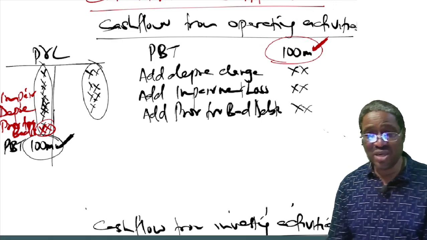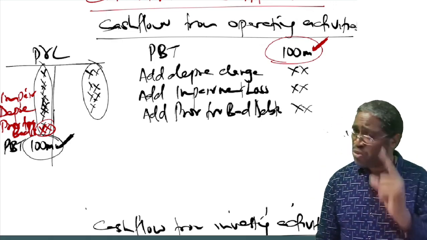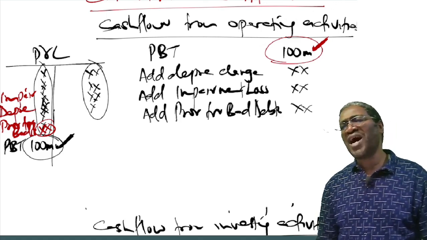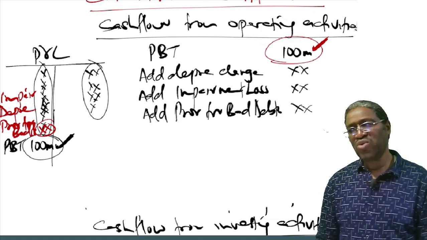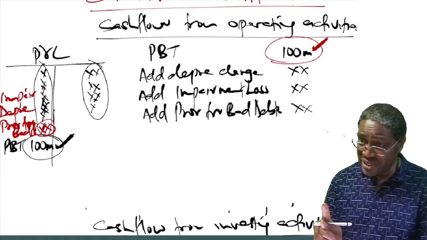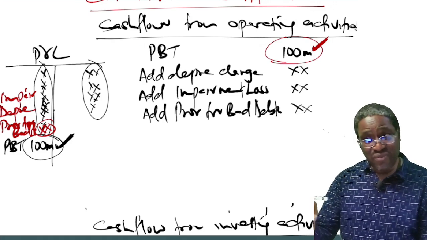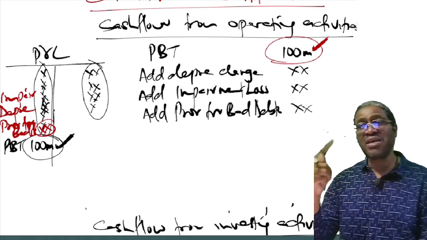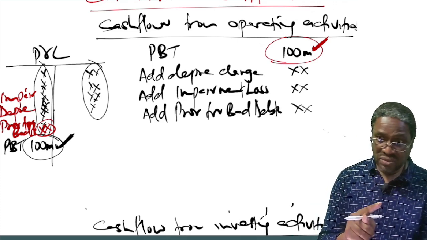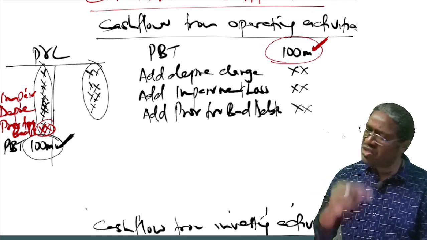Now listen, let me add you another one. Even the bad debts themselves, not provision only. When you write off your bad debtors, you normally debit the bad debts account and credit debtors. Then come the end of the year, you transfer the balance of the bad debts account to the P&L account as a loss. That amount of bad debts written off is not something you paid.